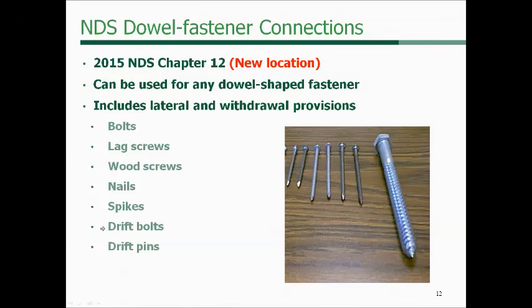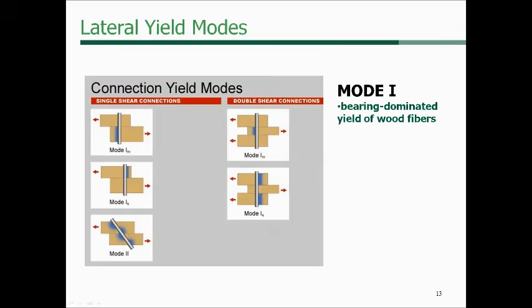And so there's a reduction factor for drift bolts and drift pins should you choose to use those in the design process, because there won't be a head on those particular fasteners. But again, today we're going to focus primarily on a bolt design example, but just so you know, the chapter applies to lots of different types of connectors.